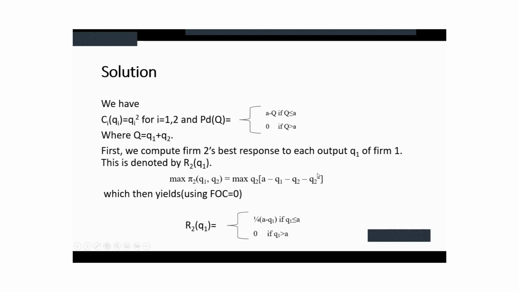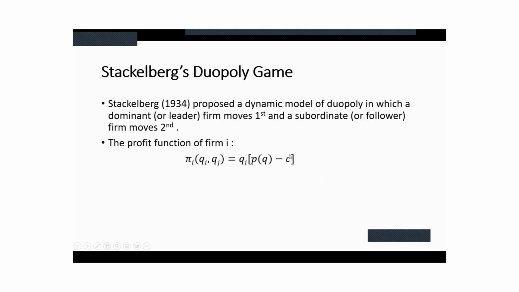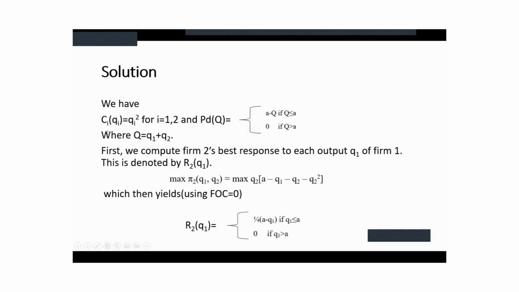And minus q2 squared came from the cost function, which we know equals qi squared, and for i we're using 2 because it's for firm 2. Then we use the first order condition equal to 0, and we find that the response of firm 2 is 1/4 of a minus q1, if q1 is less than or equal to a.